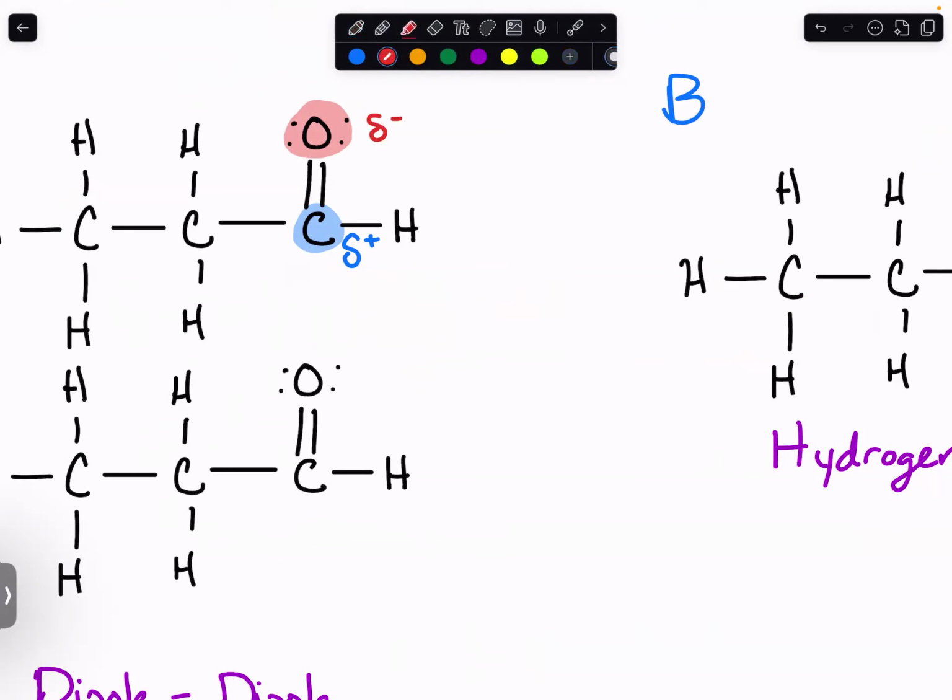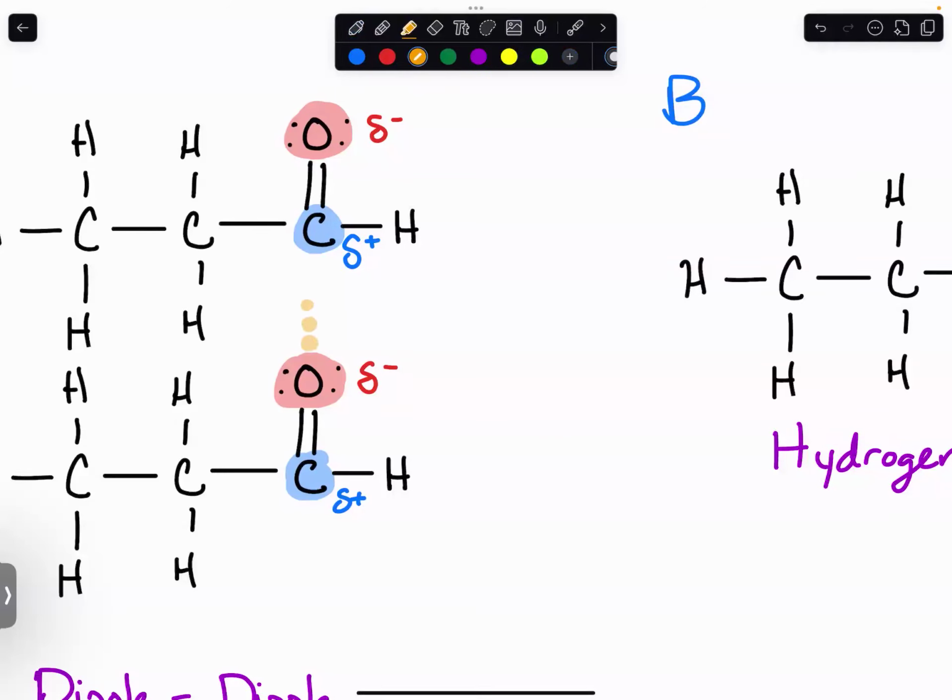And the same thing is true in our other molecule. My oxygen has this partial negative charge, and my carbon has this partial positive charge. The oxygen of one molecule is interacting with the partial positive carbon of its neighbor. So this right here is my dipole-dipole interaction. Cool. All right.